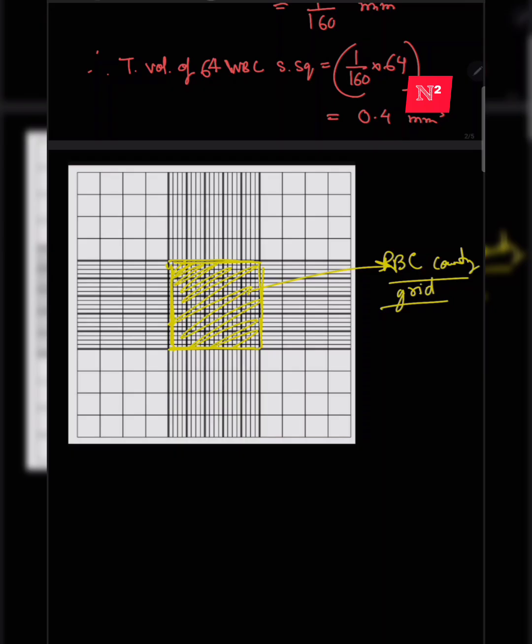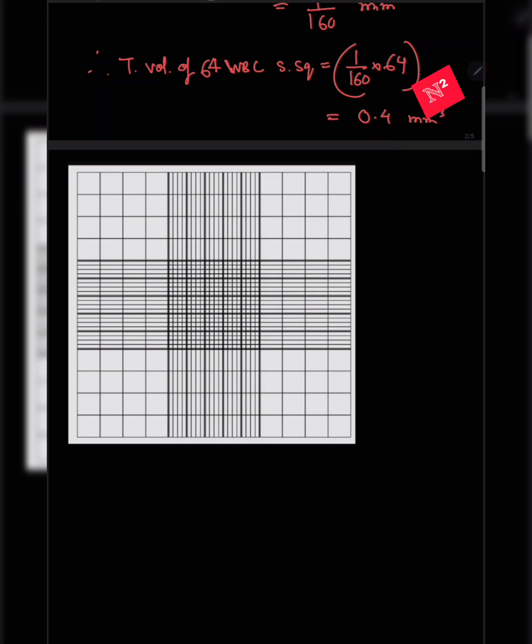Okay, so under this counting grid, if you look closely under the high power microscope, you will see that individually these grids are divided into some triple lines. Basically, in this picture it's not showing you, but the thick lines are actually triple lines. Individually all these are triple lines.